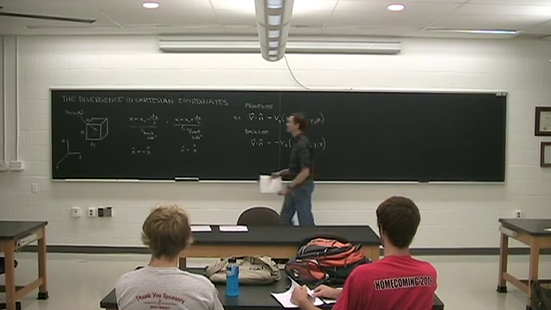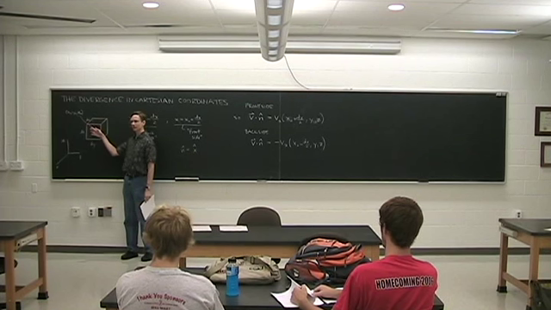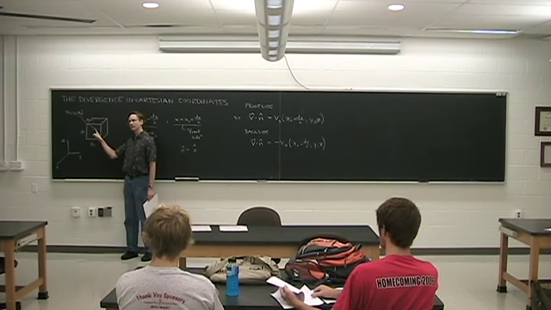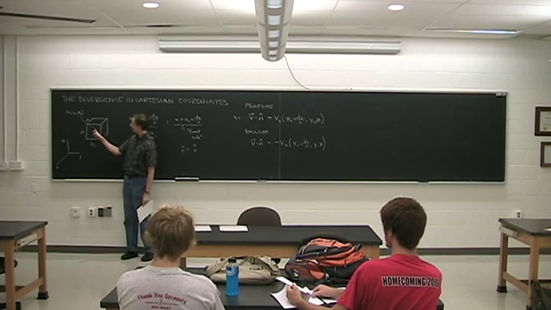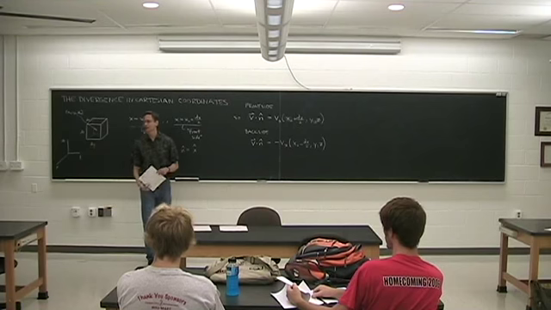Consider this is the point at the center of the cube. Now move out towards this front face, and there's a point at the center of that face. What are the coordinates of that point?